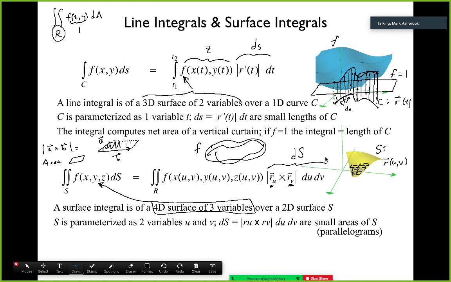And so your d little s were lengths of the curve, and now your d big S are areas of the parallelograms that are trying to reproduce the surface. And so that's the parallelism there.